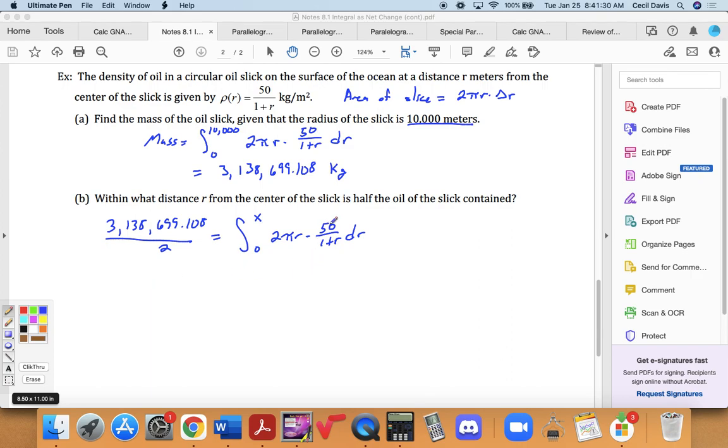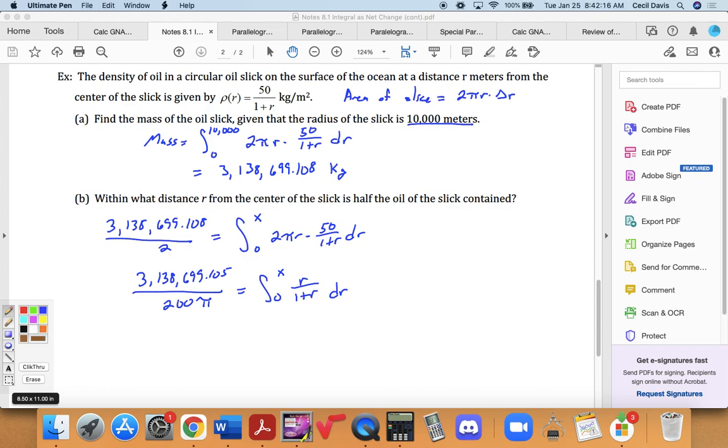So let's see. That's going to be 100 pi. So the first thing I'm going to do is pull out the 100 pi and divide both sides by the 100 pi. So that's going to be 3,138,699.105 divided by 200 pi is equal to the integral from 0 to x of r over 1 plus r dr. And the question becomes, well, what the heck are we supposed to do with that?